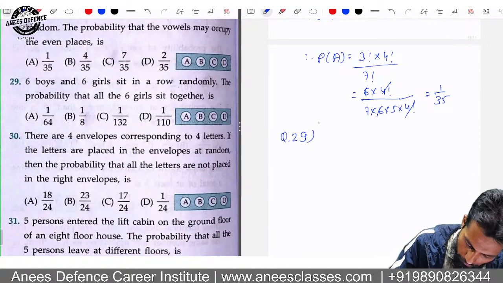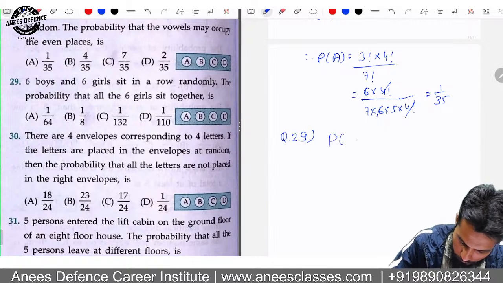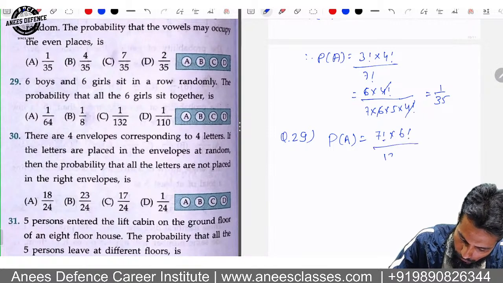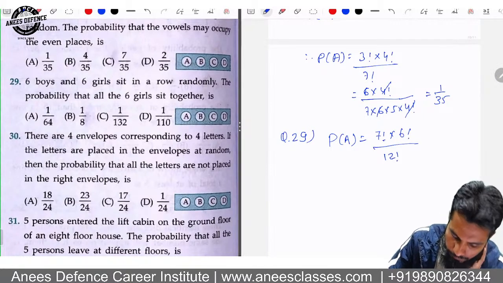Fine. So directly also we can do it. Probability of A is equal to 7 factorial multiplied with 6 factorial, divided by 12 factorial. Okay.